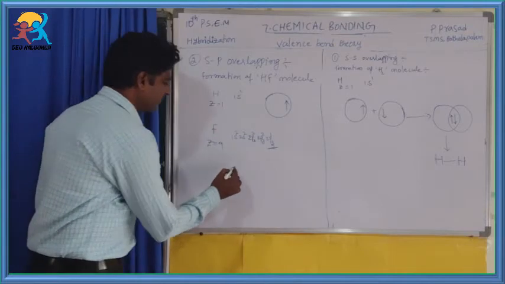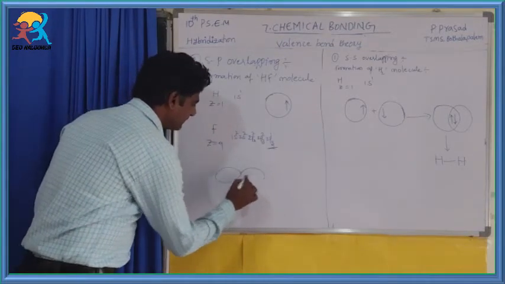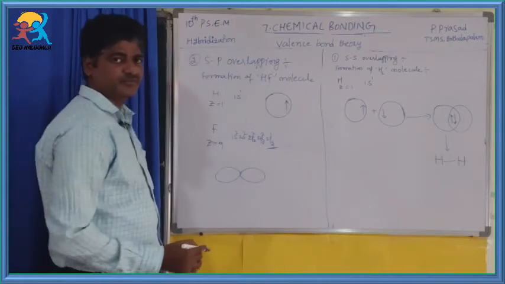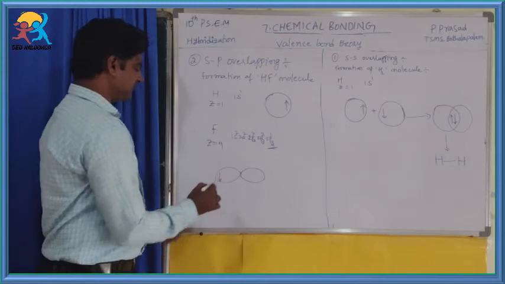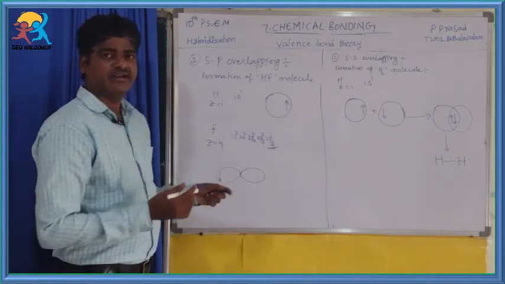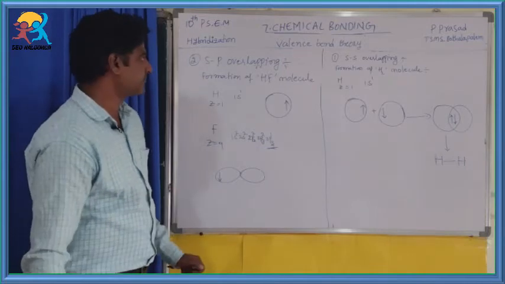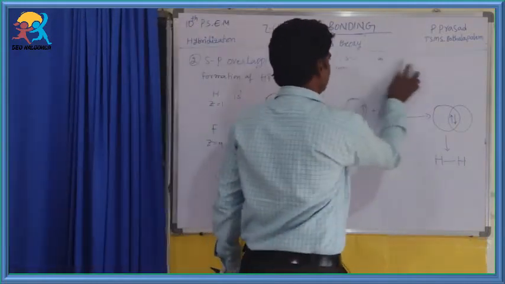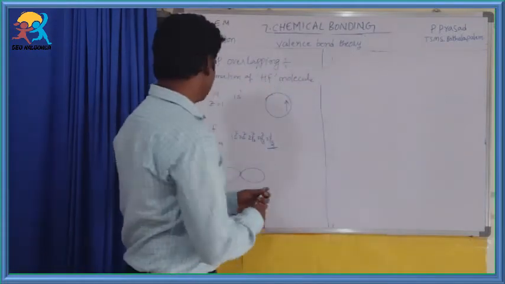What is the shape of the p orbital? Dumbbell shape. It should have anti-parallel spin, that means anti-clockwise direction.